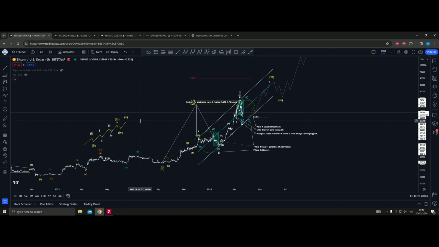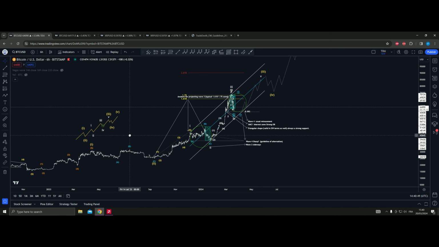So I want to start with showing you this little mini map of where I think we are at the current point of time. What's happening right now, in my opinion, is that we are in the wave 4 of the extended third wave.